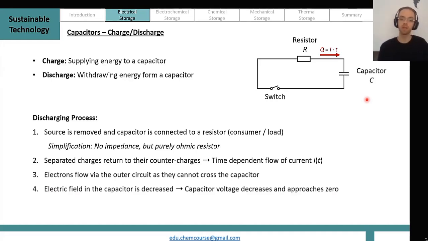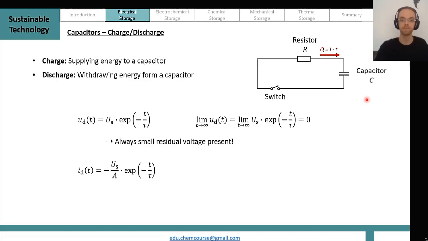After all, the capacitor voltage decreases and eventually approaches a value of 0. Notice, however, that the same formulas which we've looked at before can also be employed for the discharging situation, only with the opposite sign for the current.